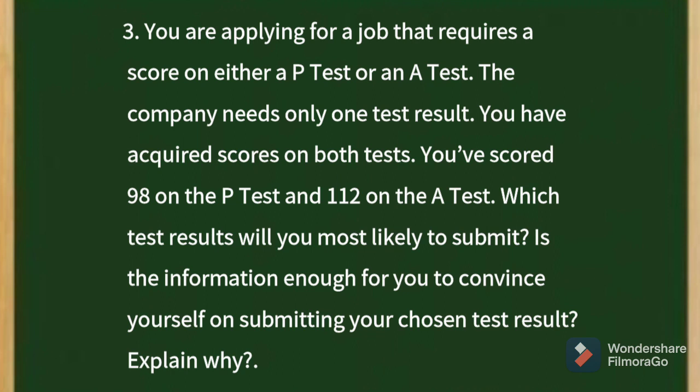Which test result will you most likely submit? Is the information enough for you to convince yourself on submitting your chosen test result? Knowing the scores of the 2 tests cannot convince me, since I didn't know the mean and standard deviation of the 2 tests, so I cannot judge which to submit.